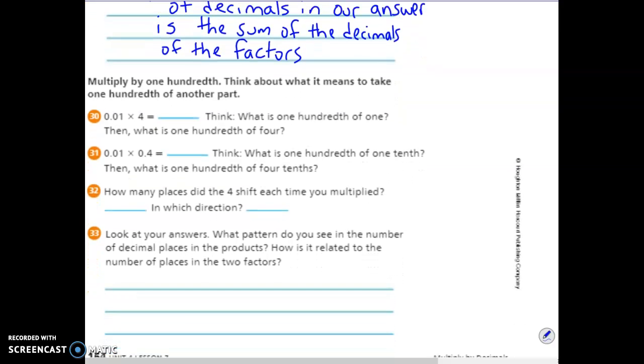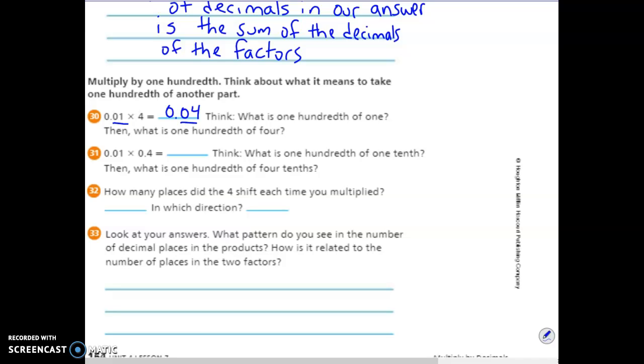All right, we're going to do the same thing here. We're going to take 1/100th of 4. Think about if you have $4 and you're cutting it into 100 pieces. Okay, what's 1/100th of 1? What would be 1/100th of 4? It would be 4 cents or 4/100ths. Okay, 2 decimal places, 2 decimal places. Okay, now we're going to take 1/100th of 4/10ths.